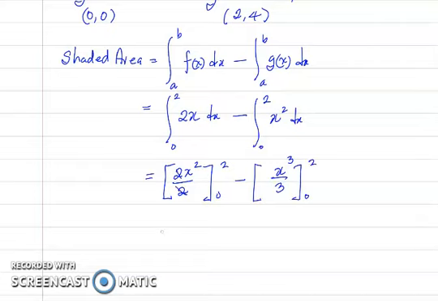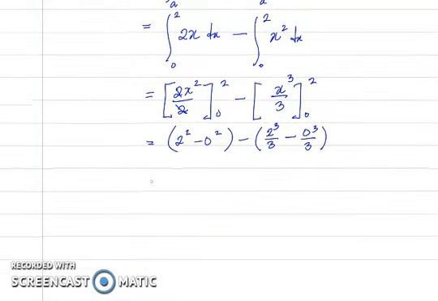These two cancel. So replace x with 2: we have 2 squared minus 0 squared, minus, replace x with 2, 2 cubed over 3, minus, replace x with 0, 0 cubed over 3.